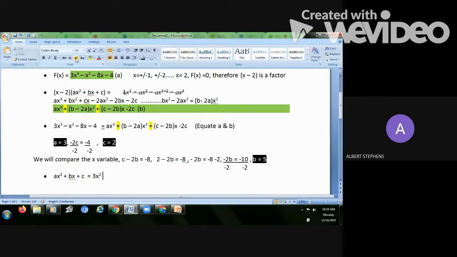B is 5. And C is what? 2. So what we need to do is that we need to what? To factorize.